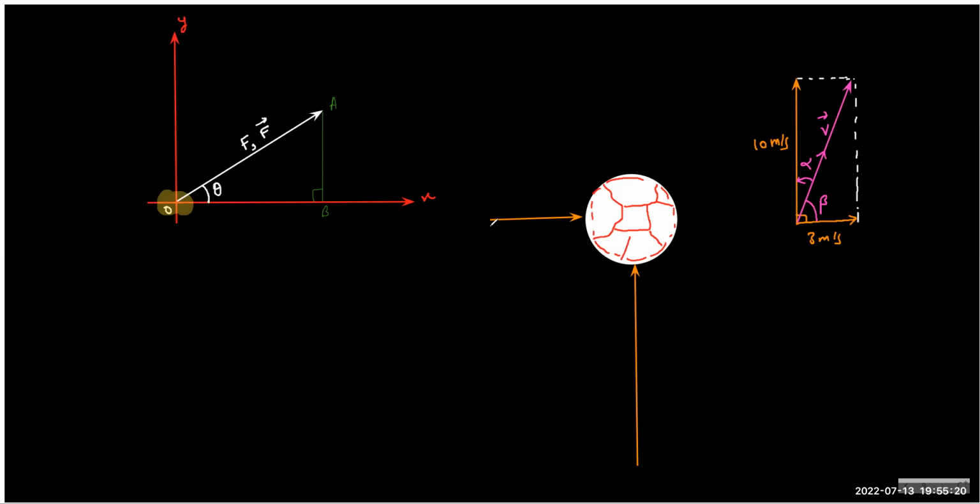How many angles are between 0 to 180 degrees? Infinite. So the number of possible directions of rotation is called the number of components. So a vector is capable of creating infinite components.